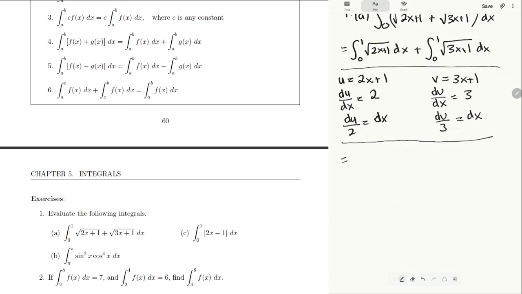So now our integral becomes the integral from x equals 0 to x equals 1 of u to the 1/2 times du over 2 plus the integral from x equals 0 to x equals 1 of v to the 1/2 times dv over 3.